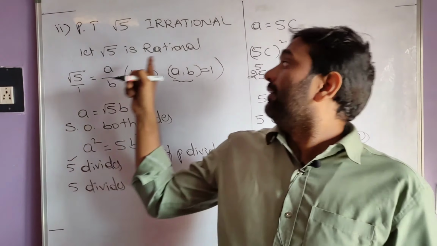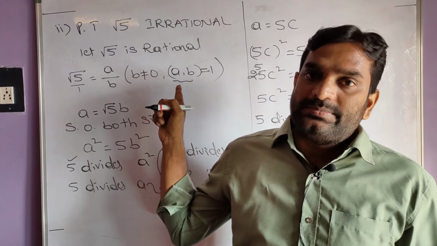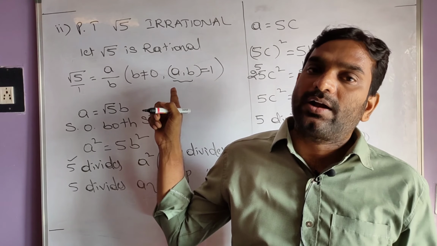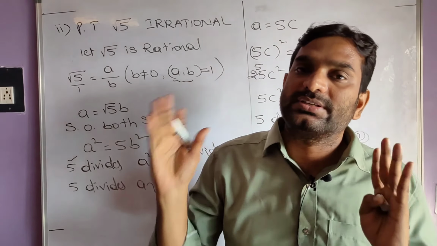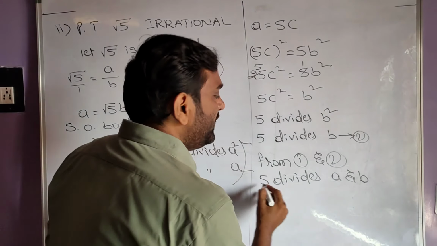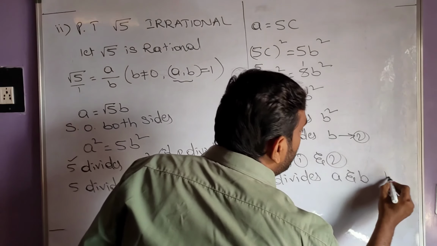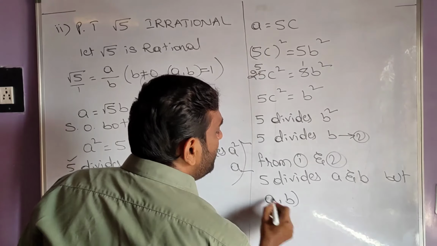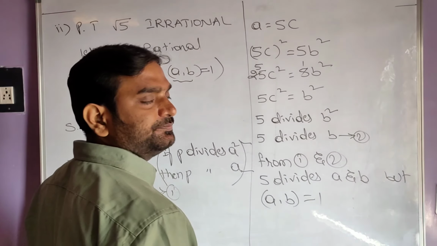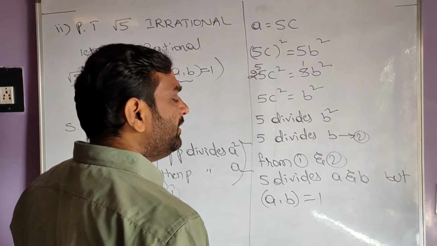But a, b are coprimes. They don't have common factors. These two statements contradict each other. Listen, 5 divides a and b, but a, b are coprimes.